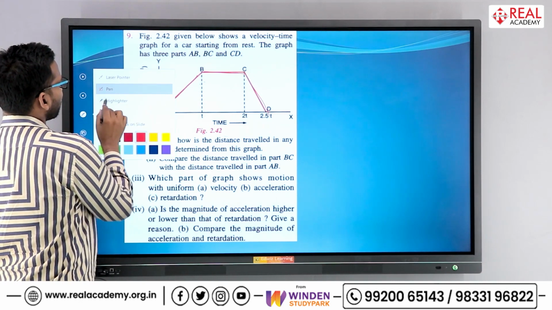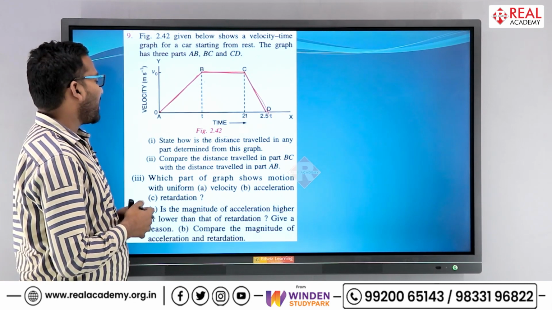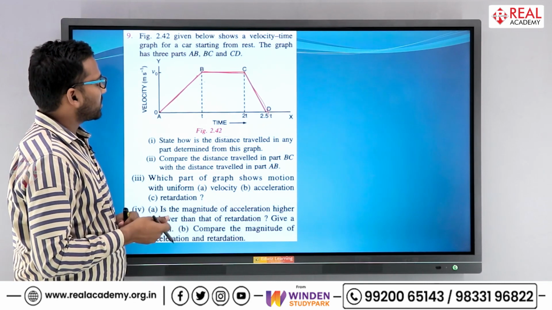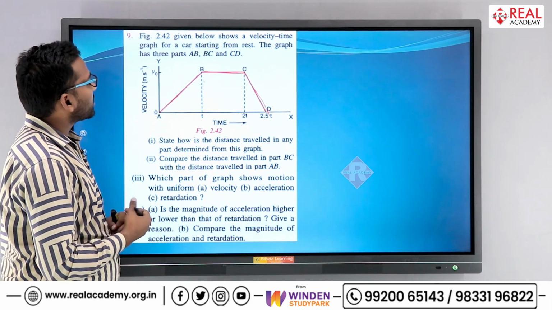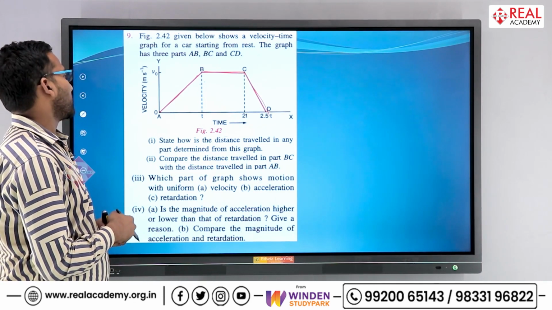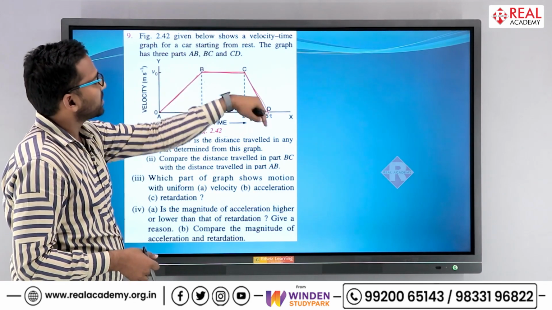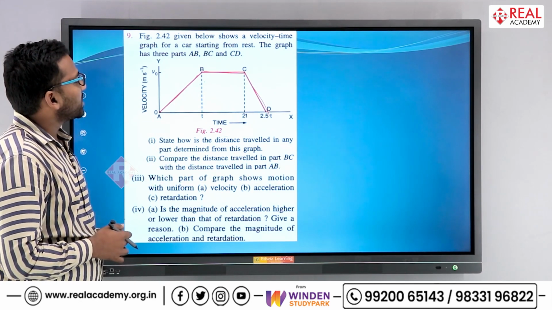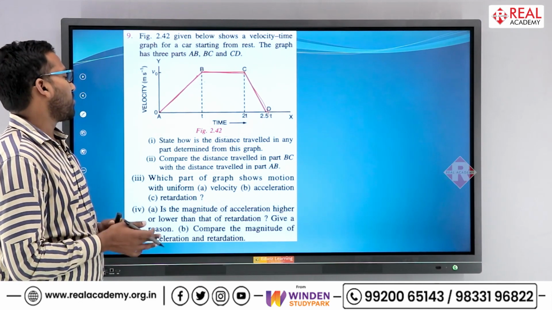The question is, state how is the distance travelled in any part determined from this graph. See, here velocity is constant, here velocity is accelerating, and here velocity is retarding.